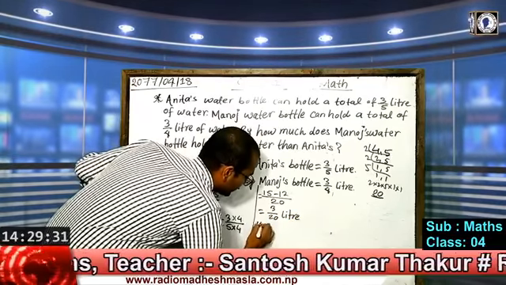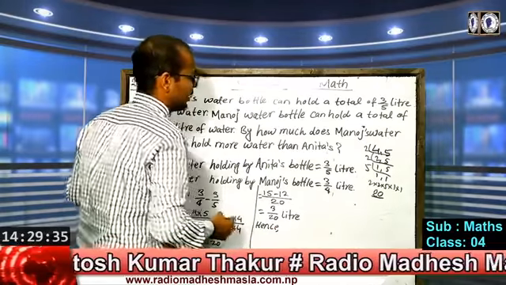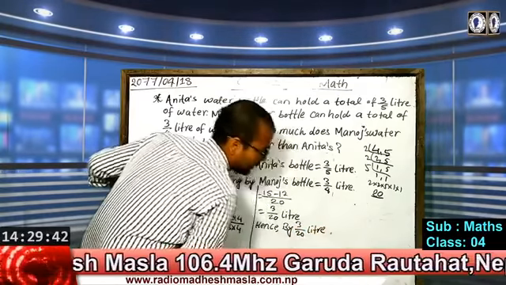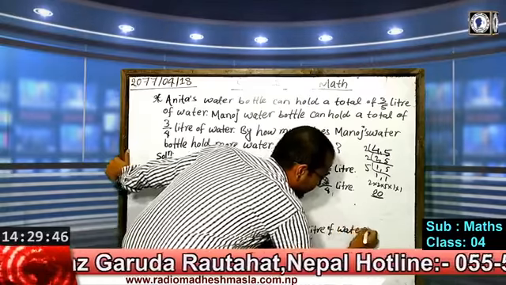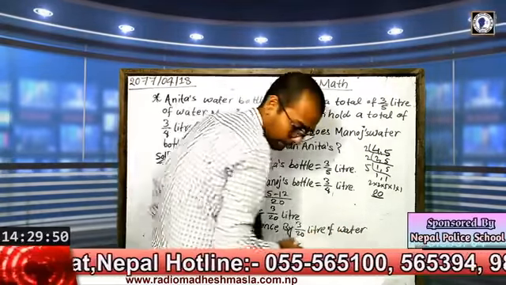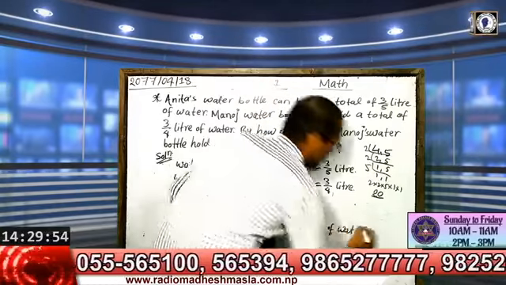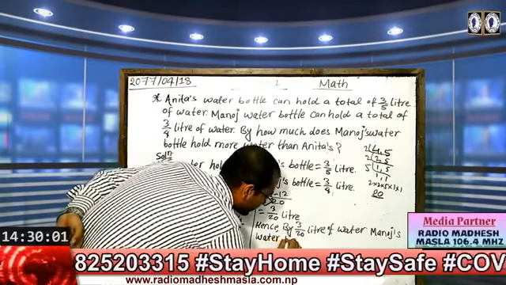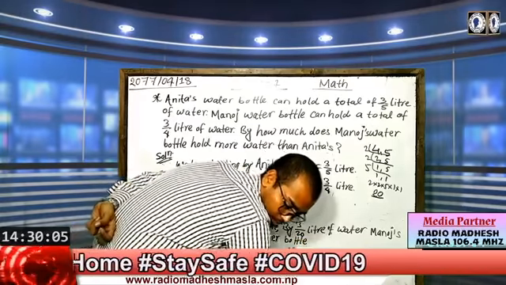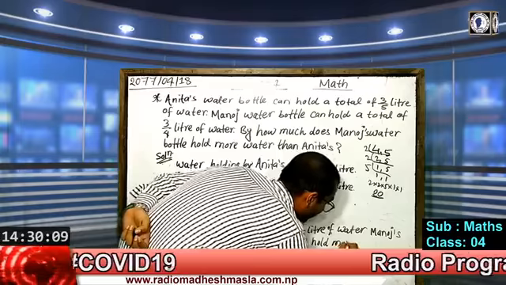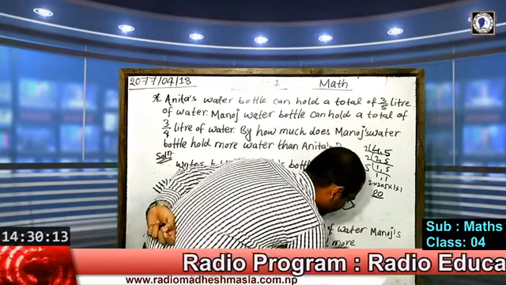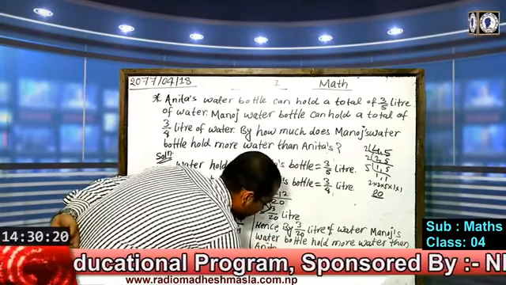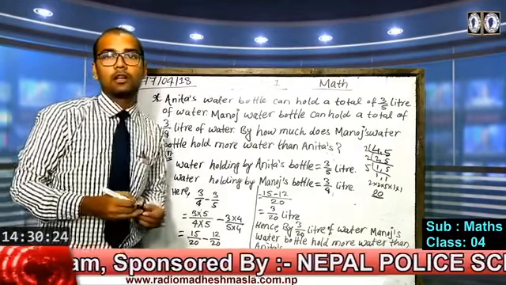And then for the conclusion, we should write: hence, 3 by 20 liter of water is how much more Manoj's water bottle holds than Anita's. Yes. So in this way we can solve this type of question.